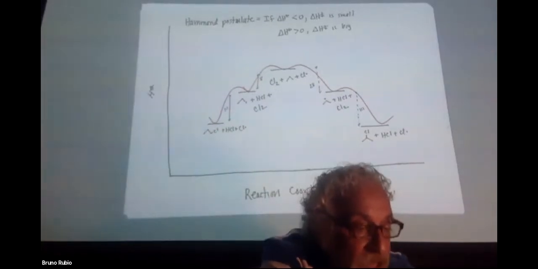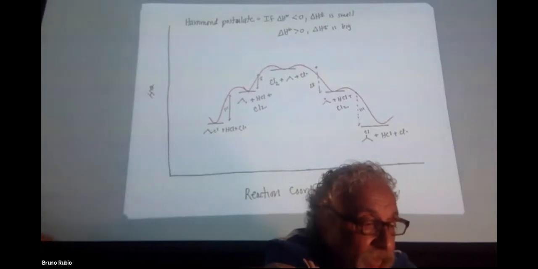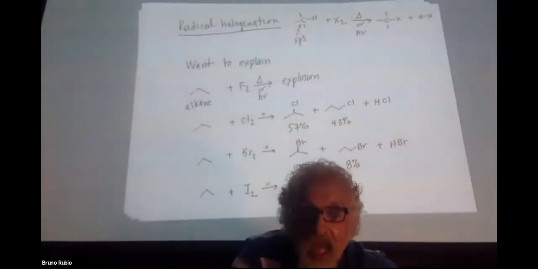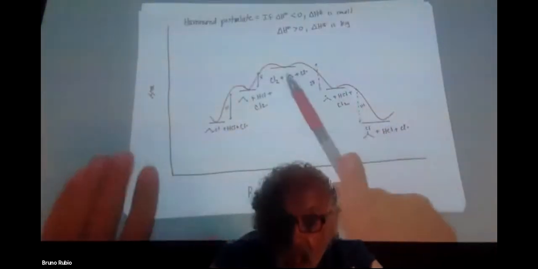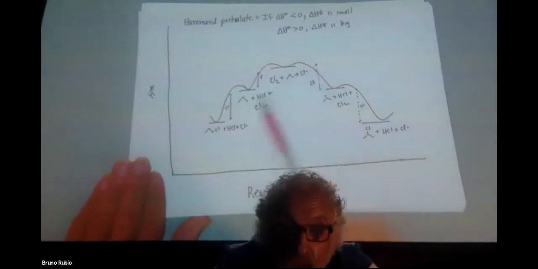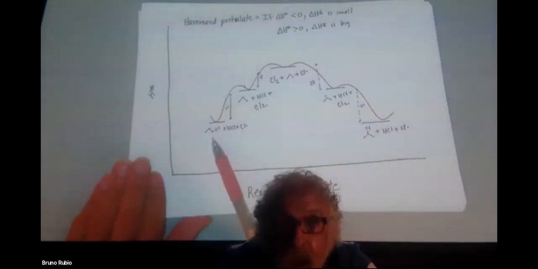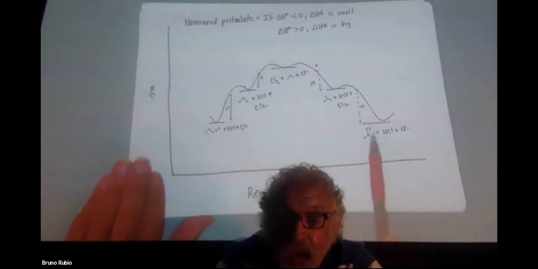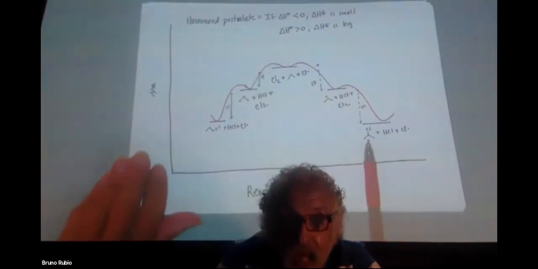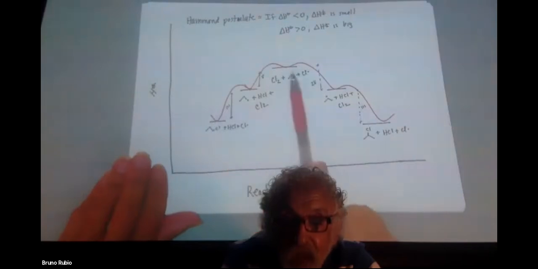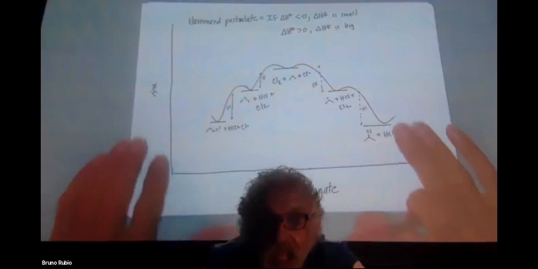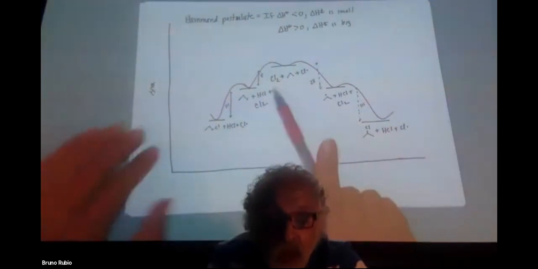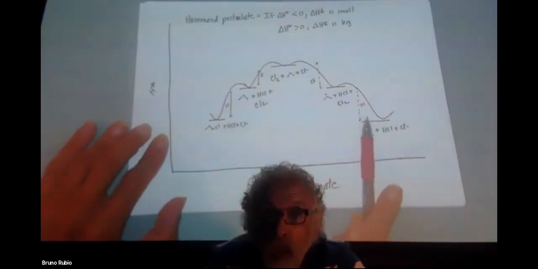And this is explaining why I get about a 50-50 mixture of chlorination products, because the energy barrier to form the 1-chloropropane is about the same as the energy barrier to form the 2-chloropropane. The hill in this direction is about the same size as the hill in this direction, so the system doesn't really care whether it forms the 1-chloro or the 2-chloropropane.